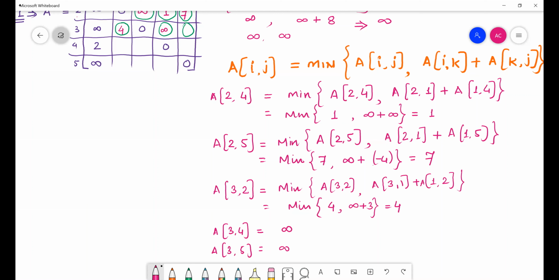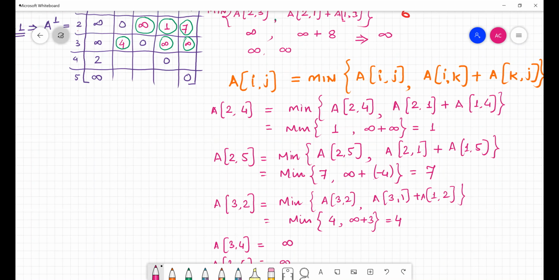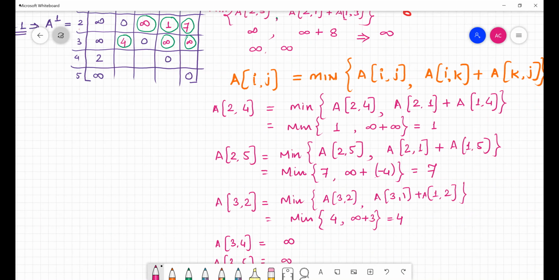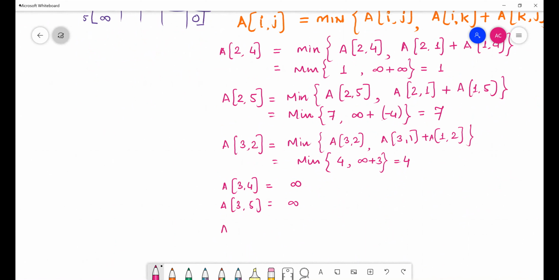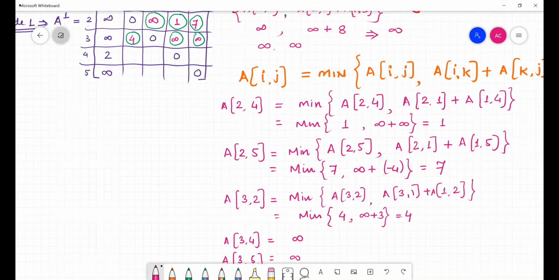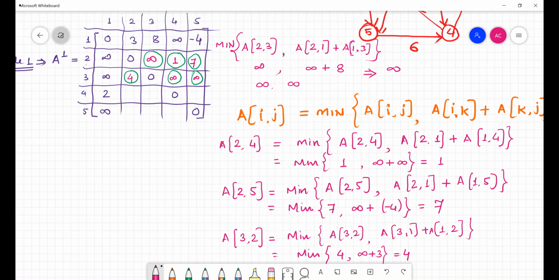So just place those values here. Now calculate 4 to 2. Calculate 4 to 2, 4 to 3 and 4 to 5.